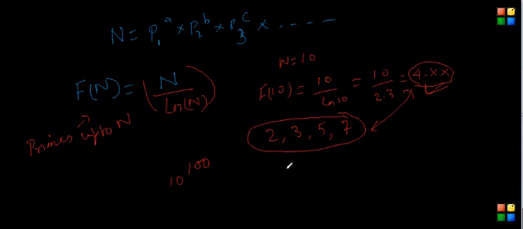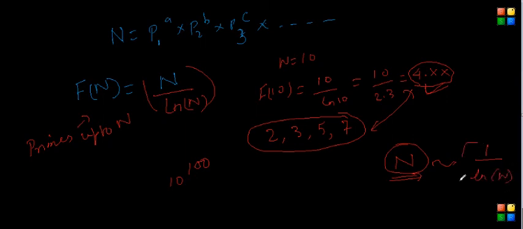What I'm again trying to say here is that if I have a very large value of n, the probability that this n is a prime number is nothing but 1 by ln n.